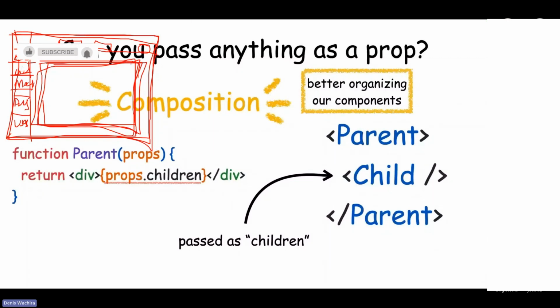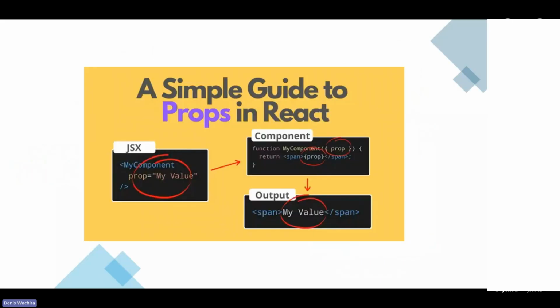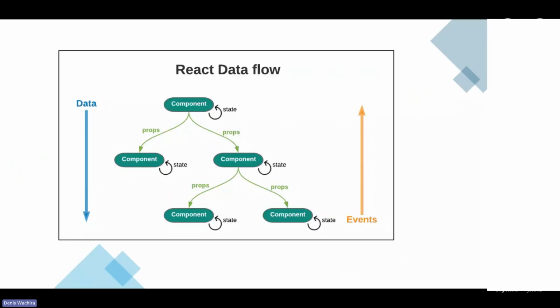So this child component, you pass them as a prop in the parent component. You will see that later. So whatever is happening there, it's the same. So you pass any property, whether the children or the text or anything. And the next thing is to explain how that data flows from top to bottom.